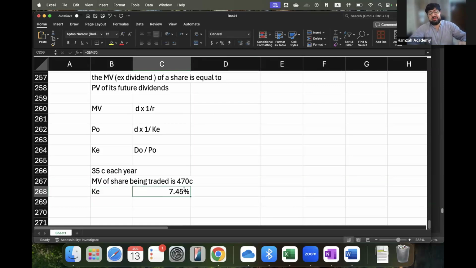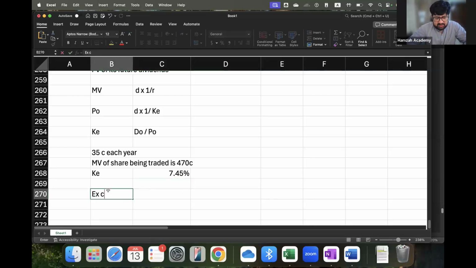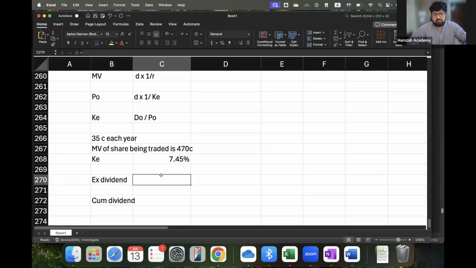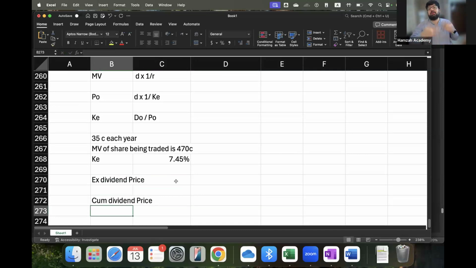Very easy to calculate: dividend over ex-dividend market value. Ex-dividend and cum-dividend, what is the difference basically? Ex-dividend share price and cum-dividend price.